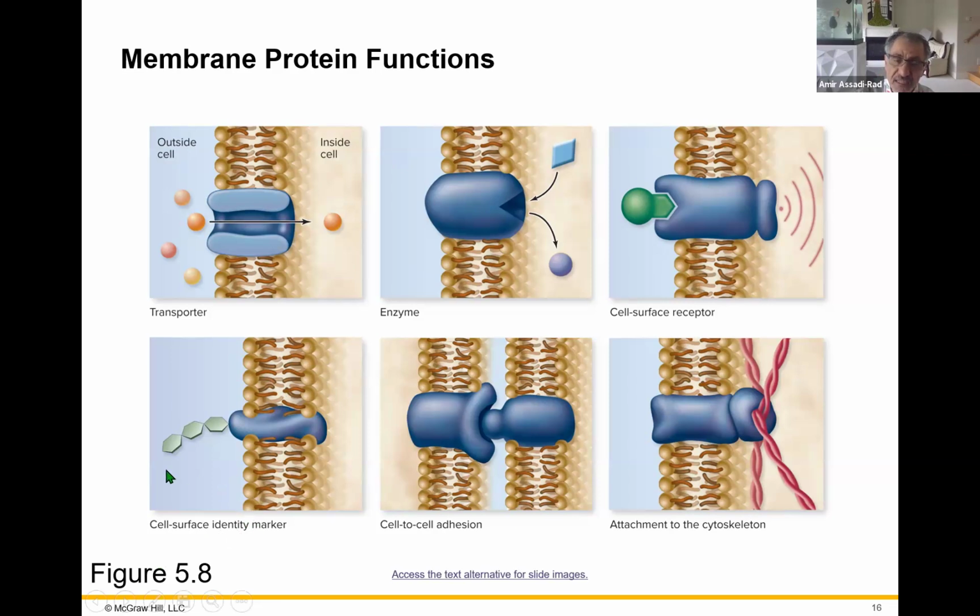Cell surface identity. Here are the carbohydrates. You remember, a hexagon carbohydrate attached to a protein molecule. An example of that would be red blood cells that are blood type A, blood type B, blood type AB, blood type O. Cell-to-cell adhesions: when one cell is attaching to another cell, right here.